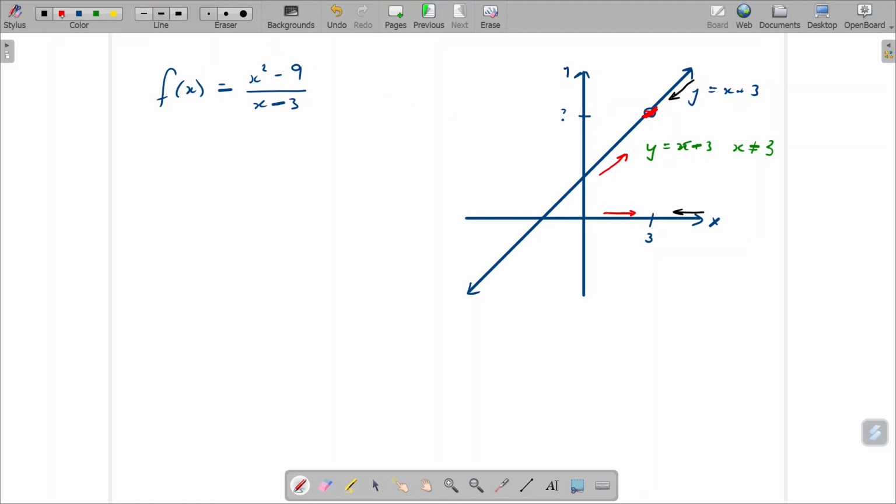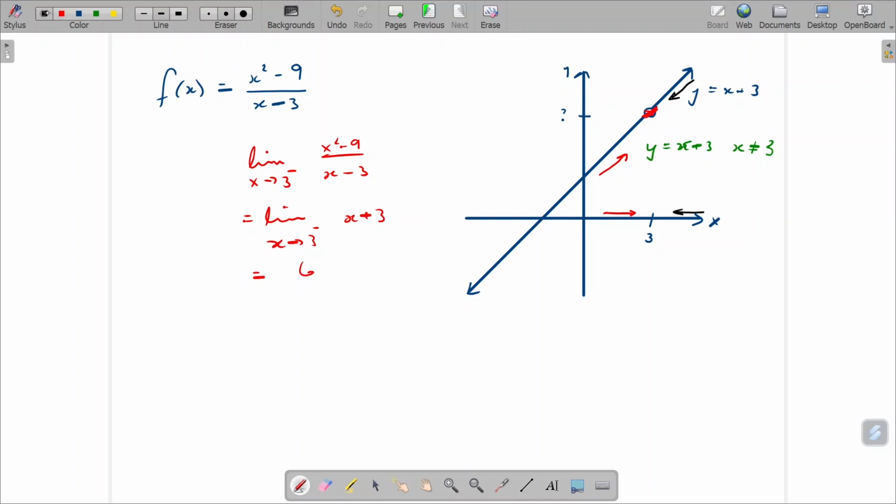Okay? So if I look at this function and say, cool, what is the limit as x approaches 3 from the left-hand side of x squared minus 9 over x minus 3, we would be able to see that this would be the same as looking at the limit as x tends to 3, again from below, from the left-hand side, of x plus 3, which we've seen is just going to be 6.